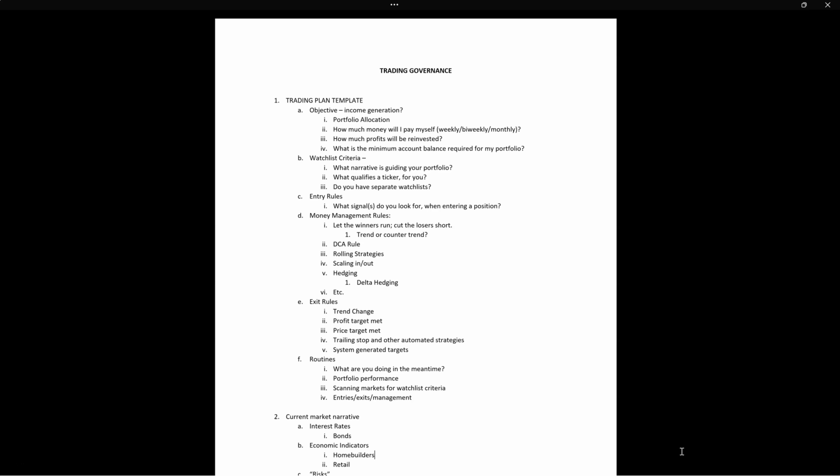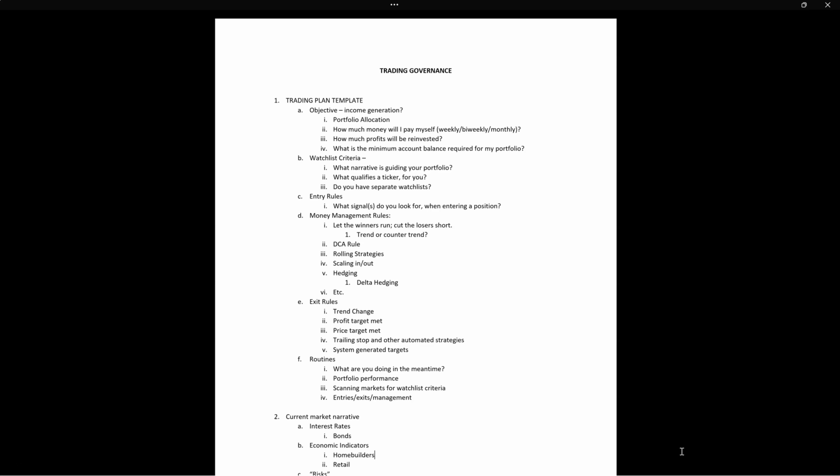So share with me in the comments how you've constructed your trading plan, and maybe some gems about your trading plan and how you have it mapped out, and whether you have it mapped out or not.